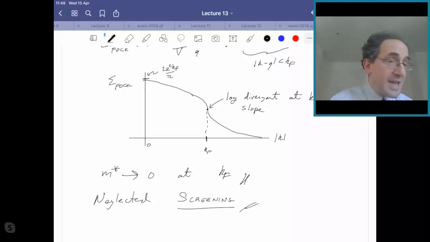So in the next lecture, or the lecture after, we're going to spend a lot of time thinking about this screening effect, which is something that's important for us to understand.